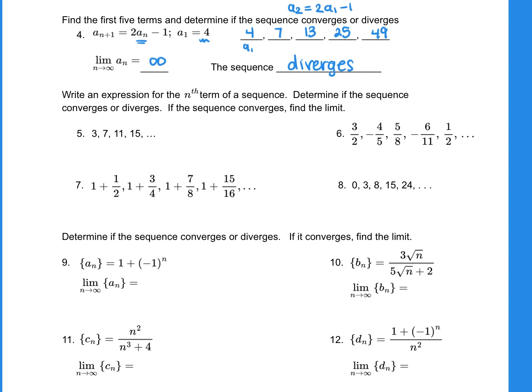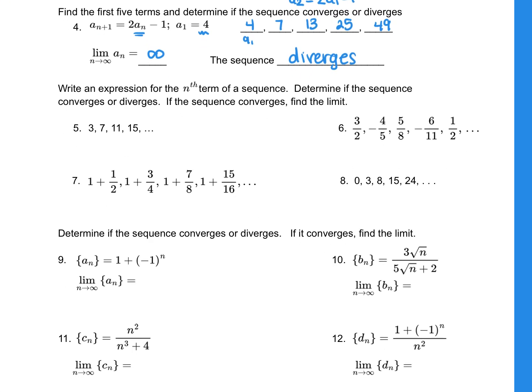One thing that is kind of important to do, and we don't do a lot of it, but you will need to do kind of patterns later on in the chapter. So sometimes we want to create the formula ourselves and know what it is. So looking at this first one, it's a series that we've already seen before. We've already seen these type of series. This is called arithmetic. To get from one term to the other, you add 4.